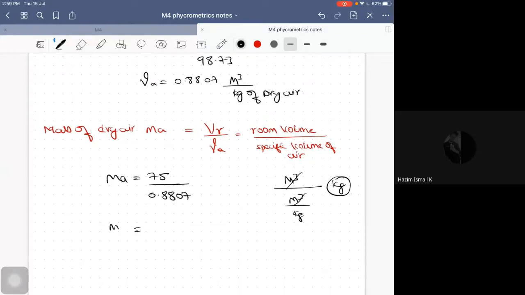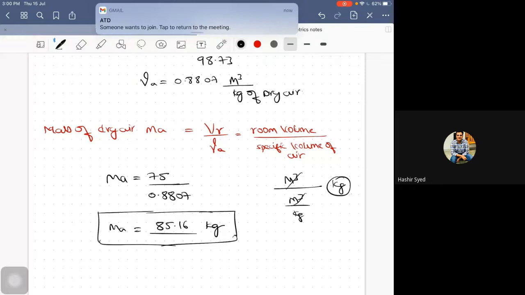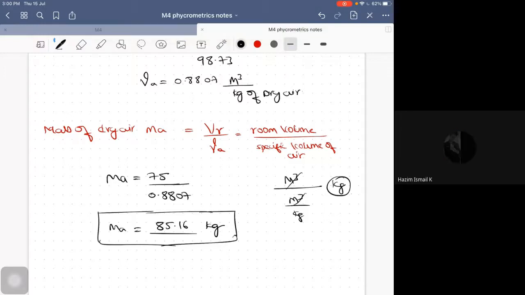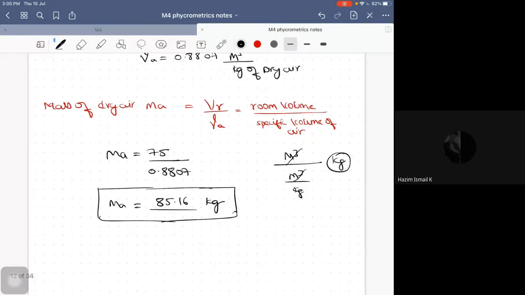So mass of air in kg is 85.16. Okay, now the last thing we are supposed to calculate is MV.